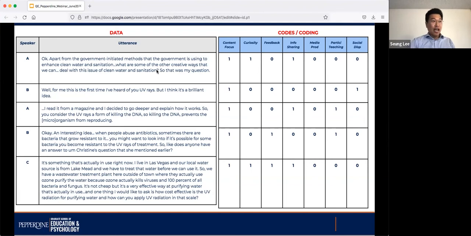After coding was done, we would get this massive matrix of 1s and 0s filling an Excel sheet. And that is the data that we would put into the ENA web tool for analyzing their discourse patterns.